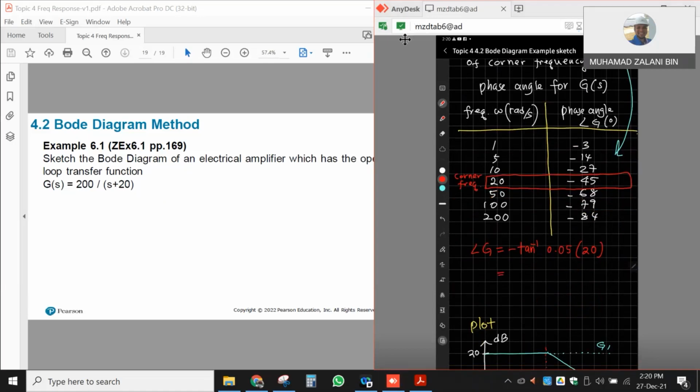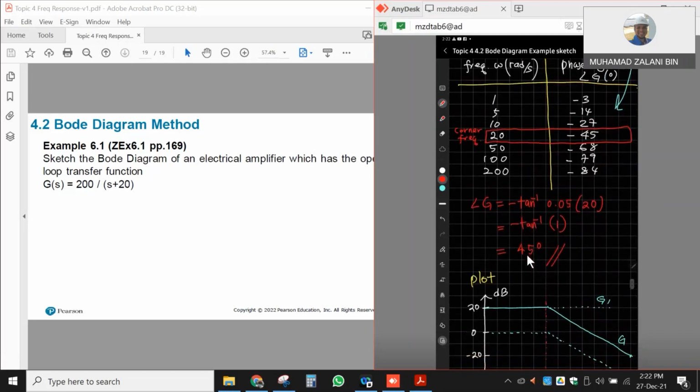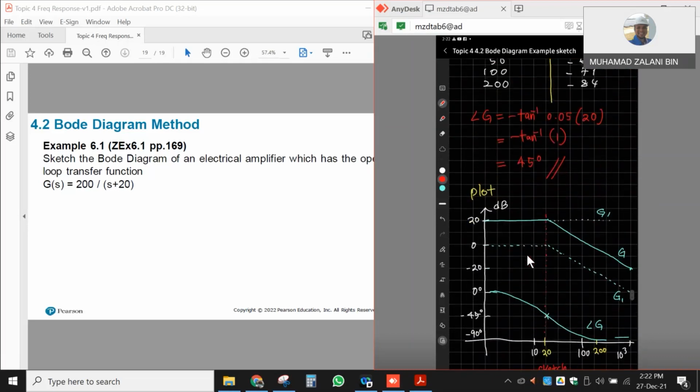So negative arctangent 0.05 times 20, because 20 is the corner frequency, then this becomes 1. So negative arctangent 1, which is 45 degrees. So the phase angle is -45 degrees at corner frequency omega equals 20 radian per second.